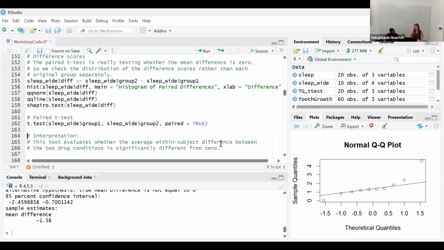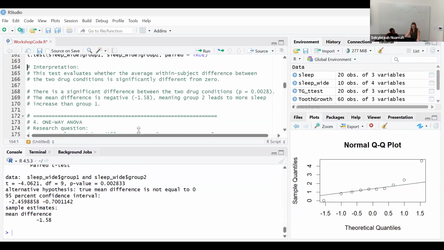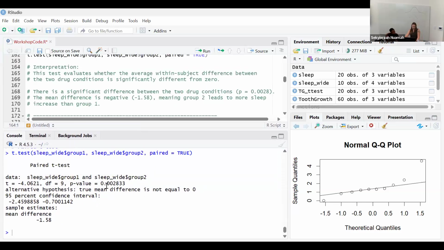So let's run this paired t-test. We've got this very low p-value of 0.0028. And so that tells us there is a significant difference between the two drug conditions. And then the mean difference down here is negative 1.58.